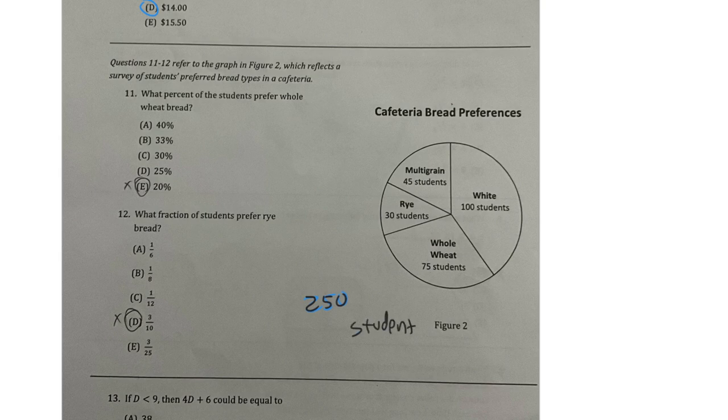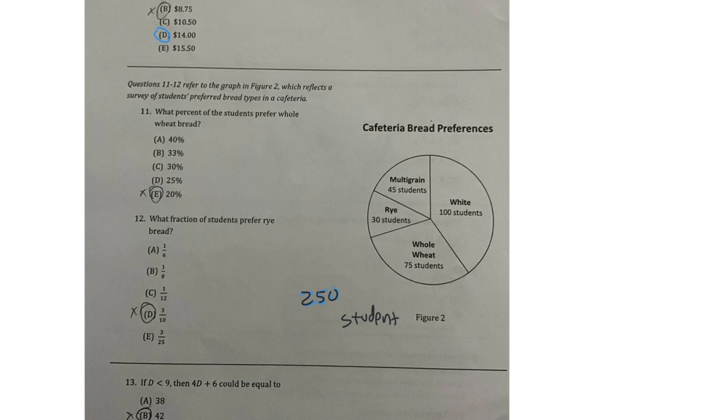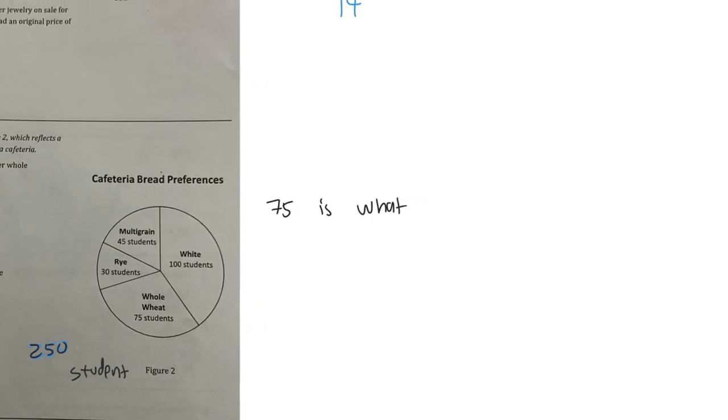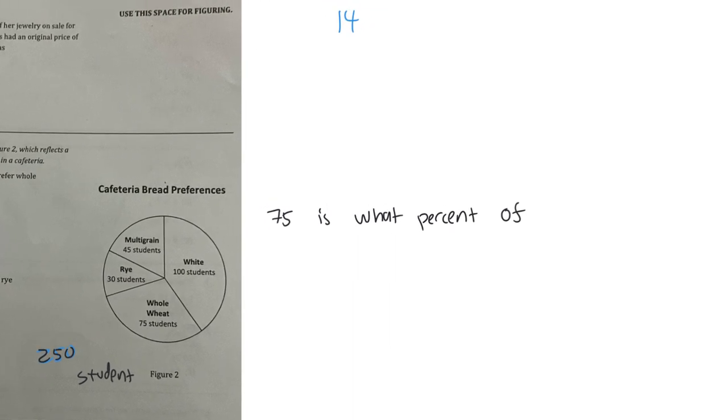And when they say, what percent of the students prefer whole wheat bread, keeping in mind, whole wheat bread is right here, and that's 75 students. That's the same as asking, 75 is what percent of the total amount, which is 250 students.